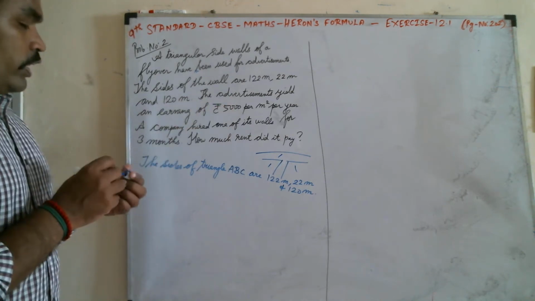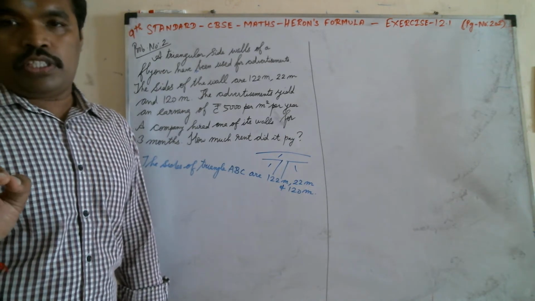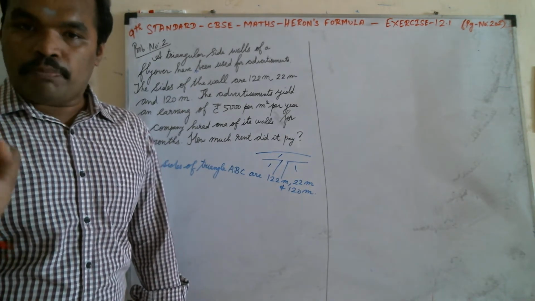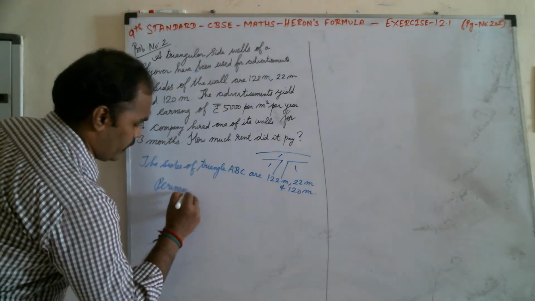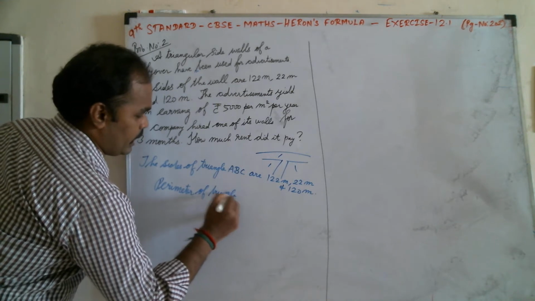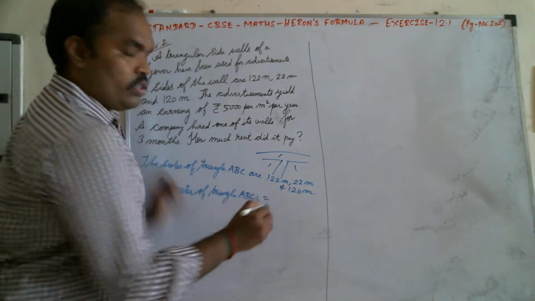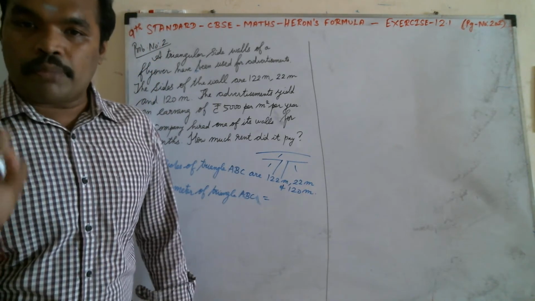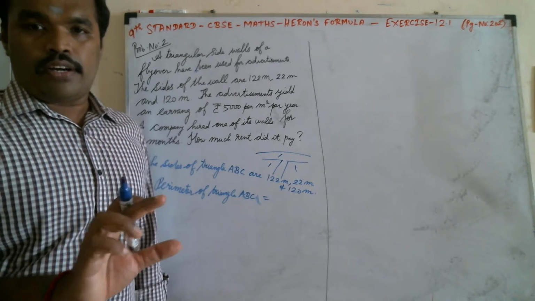So first what we need to do? We need to first find out the perimeter. So the perimeter of triangle ABC is how much? What is the concept of the perimeter? The concept of the perimeter is addition.